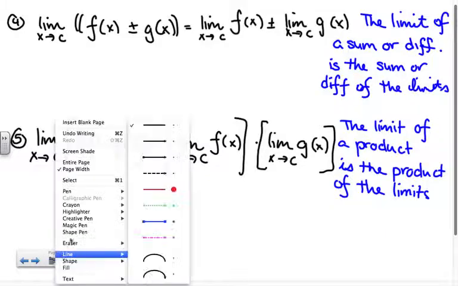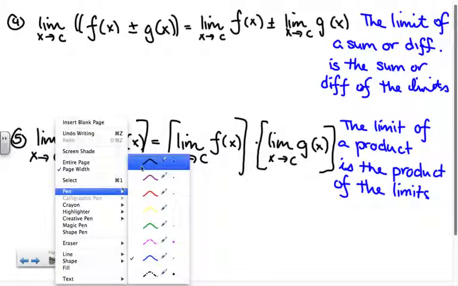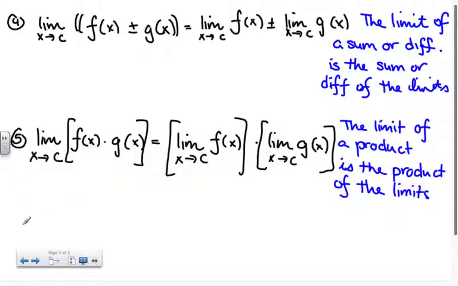Then there's rule number 6, which is of course the quotient rule.